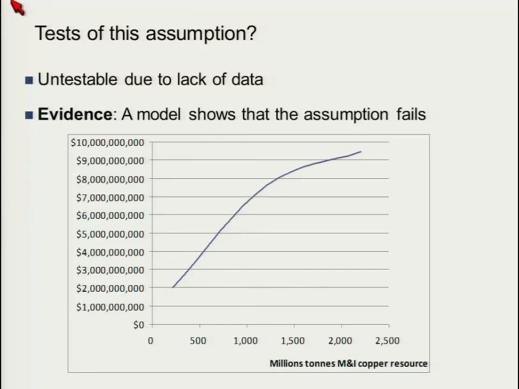So here's the starting size, and then it got bigger and bigger, and the value you can see is certainly not linear, and it doesn't appear to go through the origin. If I were to expand out this asset linearly, I would get something that goes out linearly from the origin like that, way off from the actual valuation as the asset expands. So my model at least tells me that the assumption of linearity fails.